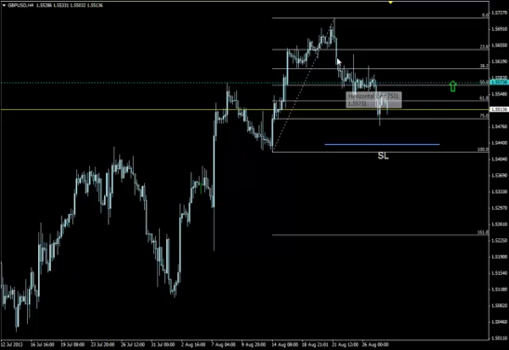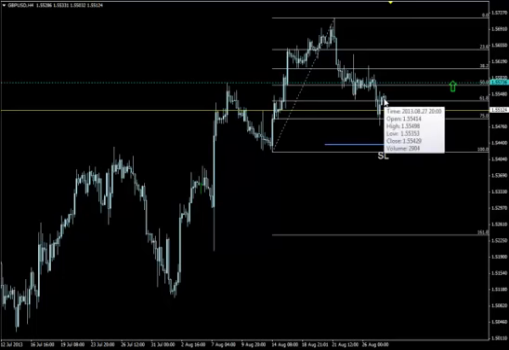So the price fell down in a corrective move. It went sideways for a while at the 50 Fibonacci level, but it decided to drop lower. It made a big plunge even below 75, and it came back up to 61.8.